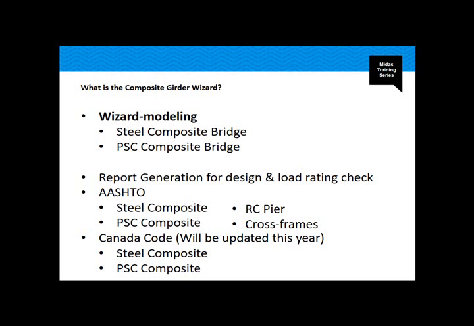Right now, the program can do absolutely any type of bridge. We generated the wizard just to improve your experience and make modeling easier. You're going to see how easy it is to model, and from there you can get the report generation for the design and load rating checks as per AASHTO. You can do it for RC, steel composite, or pre-stressed composite, and we're also implementing the Canada code this year.